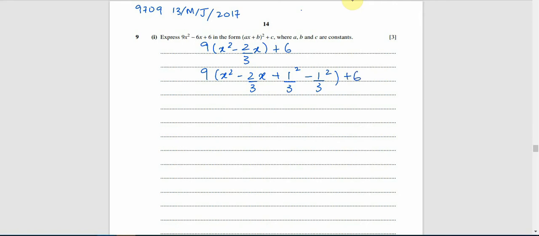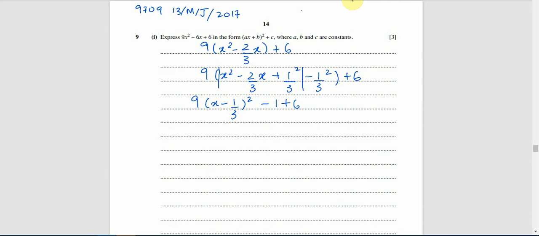Now this part will become x minus 1 upon 3 whole square, and this minus 1 upon 3 square will multiply with 9 and become minus 1 plus 6. Now as you can see in the question, there's something beside x, that's a, right?